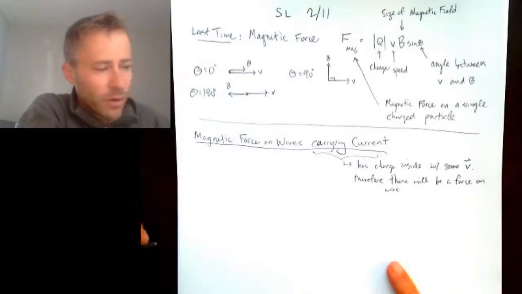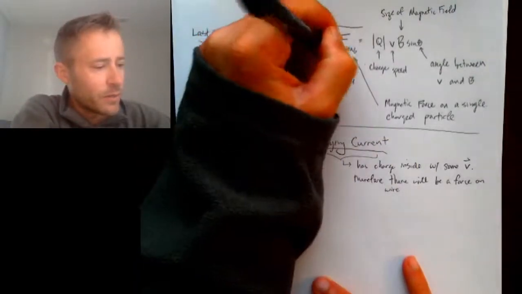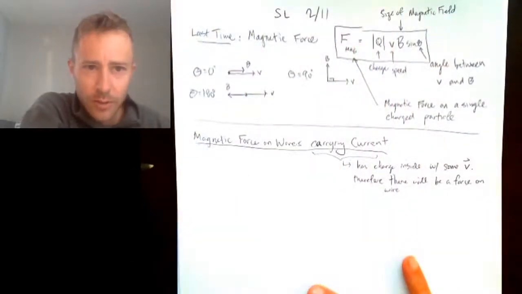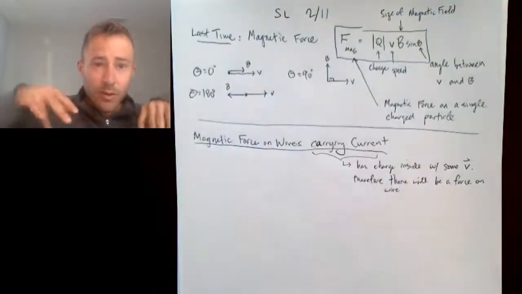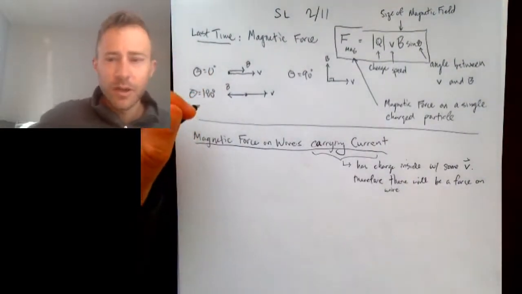So I'm going to give you the formula for that force. This is the formula for the force on a single charge. But if we have a wire with a lot of charge flowing down it, the formula is slightly different.